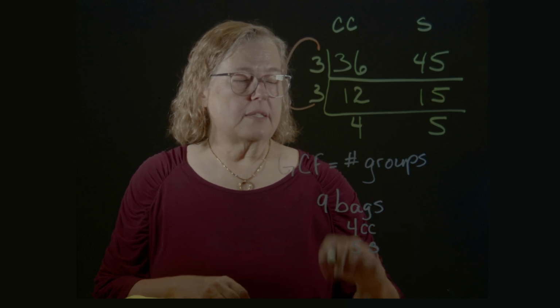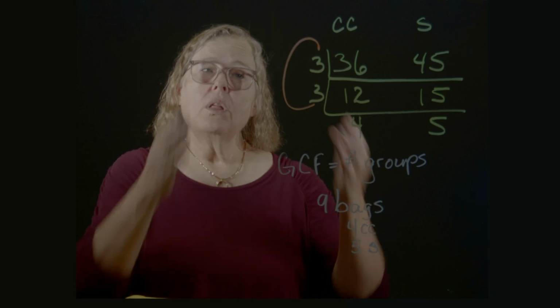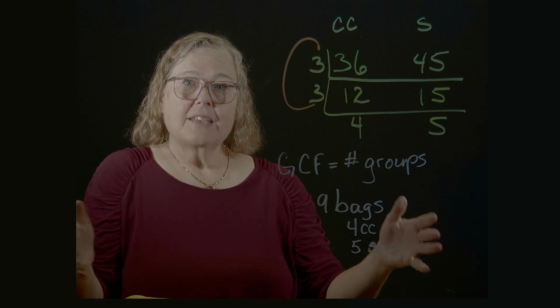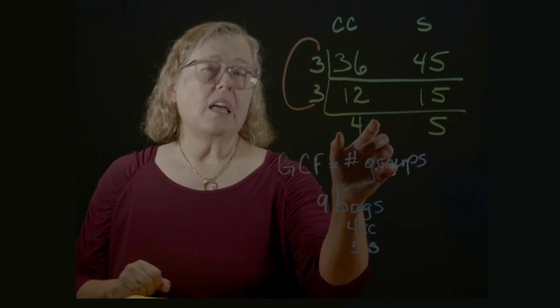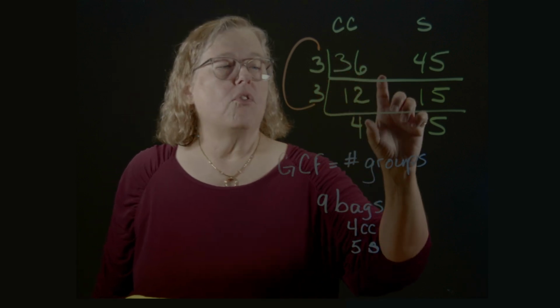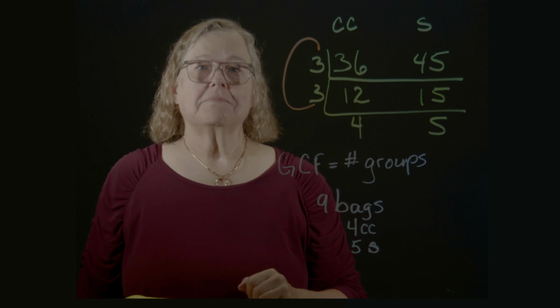I don't usually use S because it looks too much like a 5. I forgot. All right. So isn't that cool? The greatest common factor, 9, tells me how many bags I have. My leftovers here, just like last night's meatloaf, that leftover tells me how many. So I have 9 packages of 4 chocolate chip cookies and 5 snickerdoodle cookies.